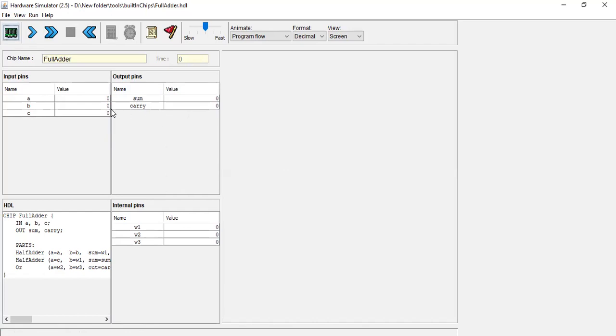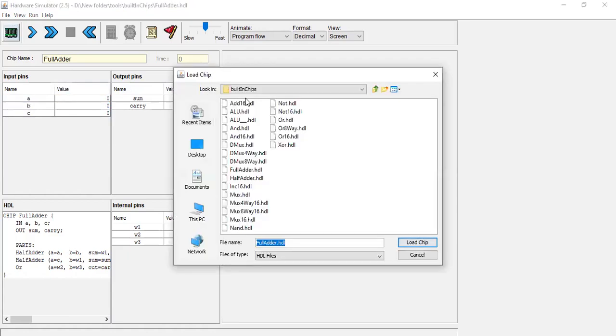It accepts 1 bit as input: input pin A, input pin B, and input pin C, the carry pin. So 1 bit, it can hardly perform meaningful calculations. So let's simulate the other one, the add 16 adder that you also developed.